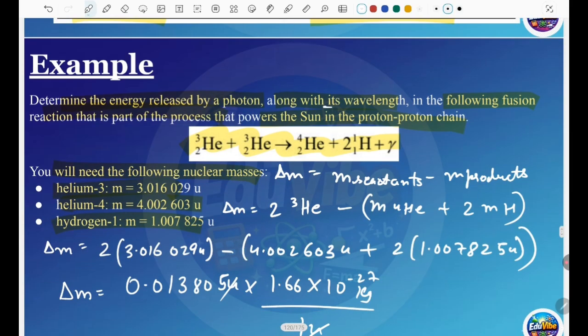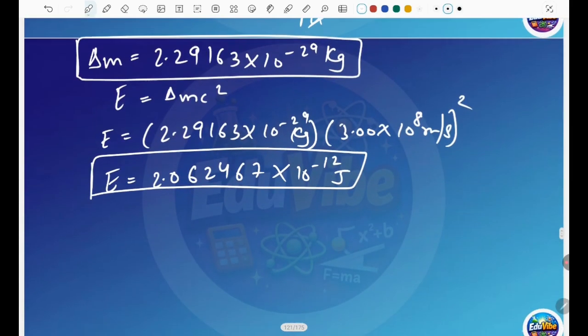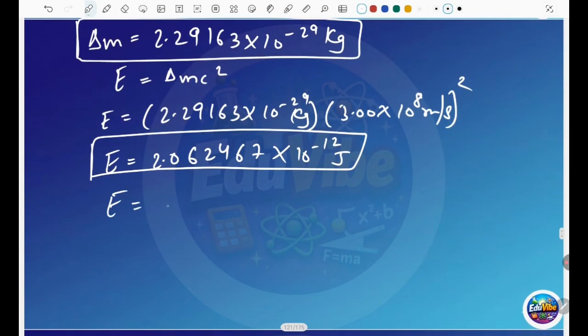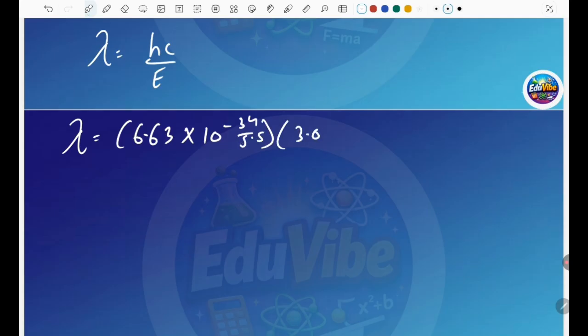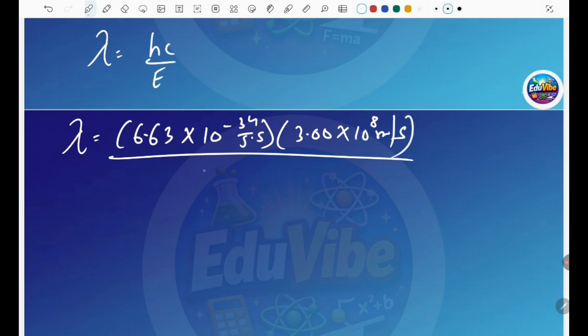Also, they want the wavelength. From this, we can easily find the wavelength. The energy equals hc upon the wavelength, so the wavelength is equal to hc upon the energy of the photon. You know h: 6.6 into 10 raised to minus 34 joule seconds, times 3.0 into 10 raised to power 8 meters per second, divided by the energy you already found, 2.02467 into 10 raised to power minus 12 joules.